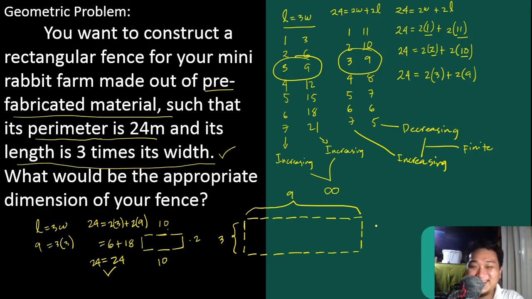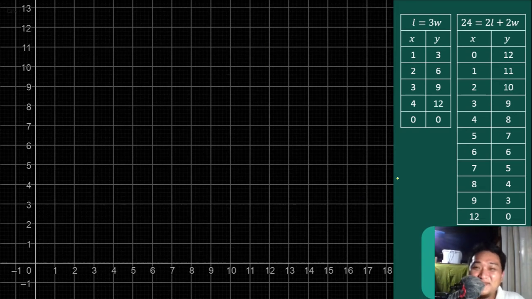Ang galing, sige. Pakita naman natin yung magiging solution niya kung ilalagay natin siya sa graph, yung dalawang system. The first system is the length is equivalent to 3W, or 3 times the width. It has the ordered pairs 1, 3, 2, 6, 3, 9, 4, 12, including 0, 0.